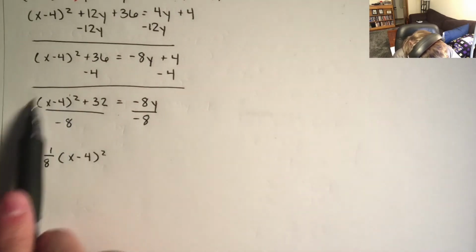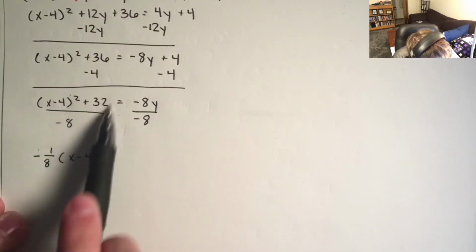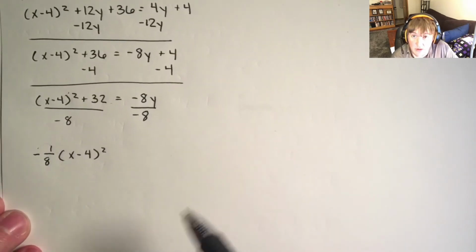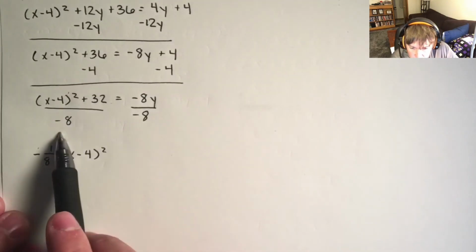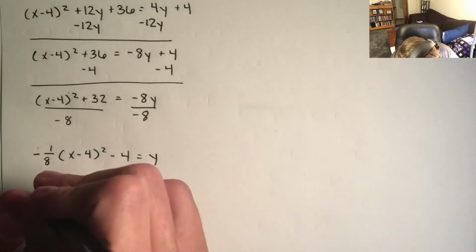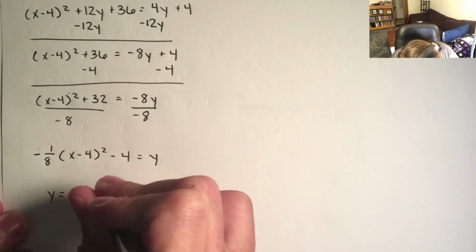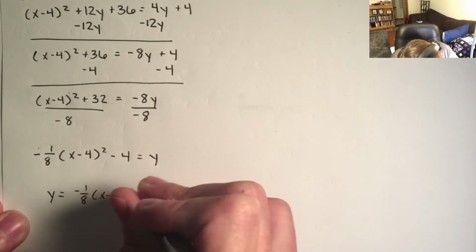Okay, and so this negative 1/8 is me dividing this by negative 8. And then I have to divide this by negative 8 also, so be very careful about that. 32 divided by negative 8 is negative 4. Okay, so y = -1/8 (x - 4)² - 4.